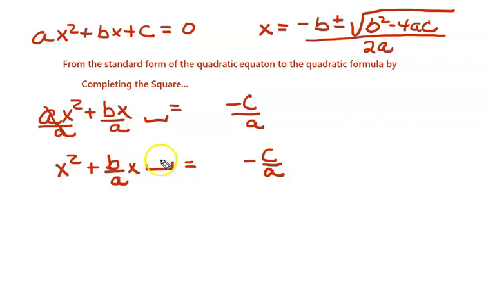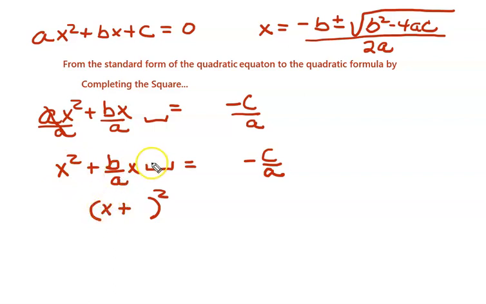So we need to create a new c term, and we're going to use that technique of completing the square. If we can make this expression into a perfect square trinomial, it will factor into this form. Since our b term is positive, we take the square root of that, which gives us an x.